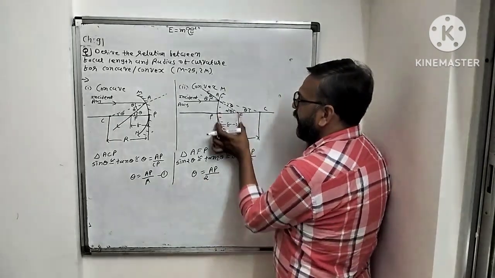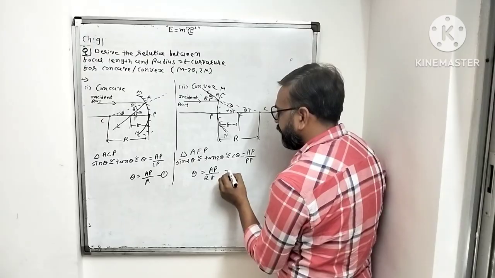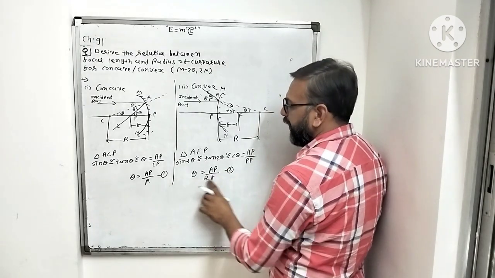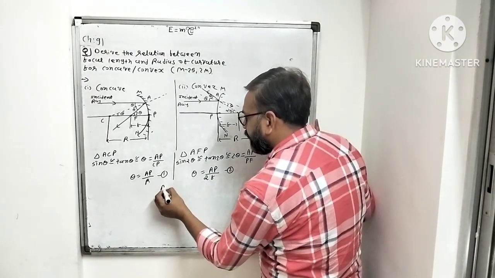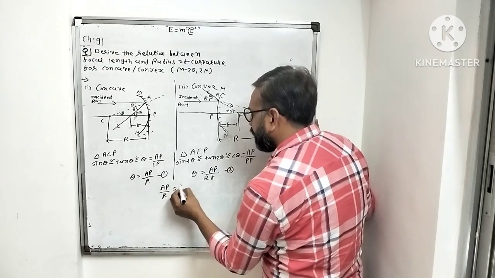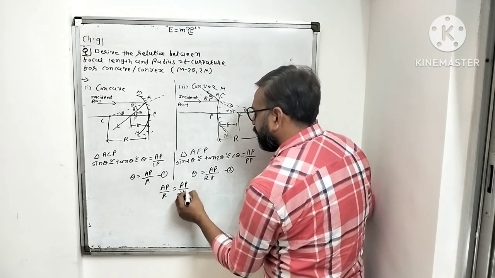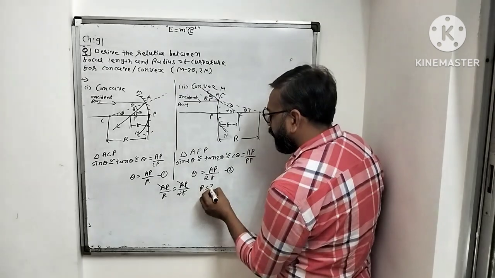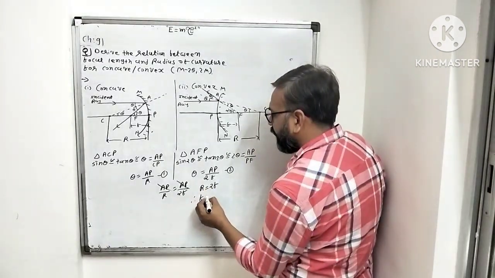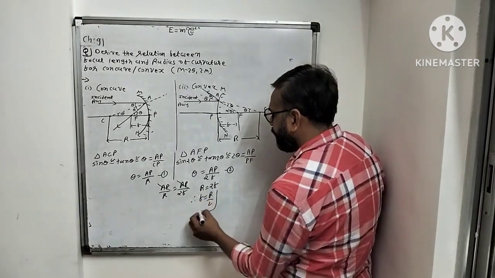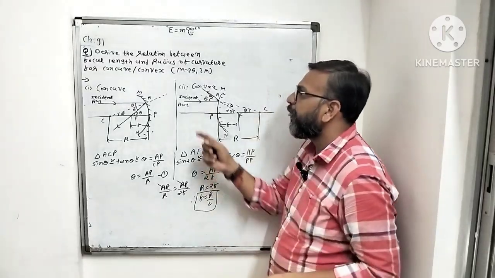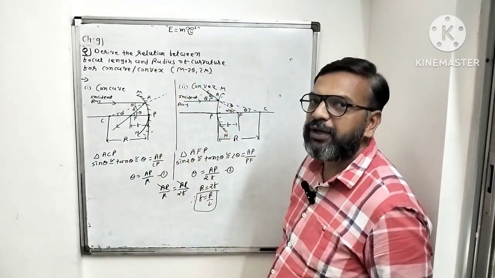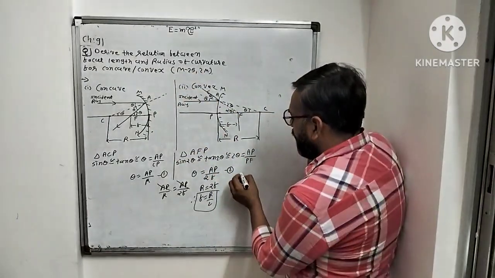What is the value of PF? Small f. Compare equation number 1 and 2. AP cancels. So R equals 2f. Therefore f equals R by 2. That is the relation between focal length and radius of curvature. So, important MCQ.